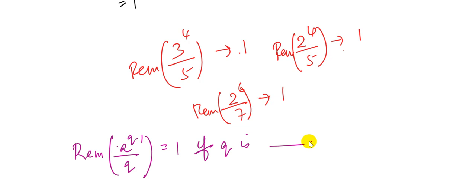Can anyone say what is q? The q is 4n plus 1. No. q is a prime number.